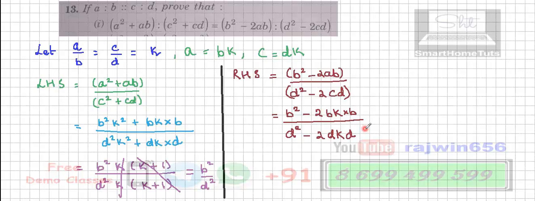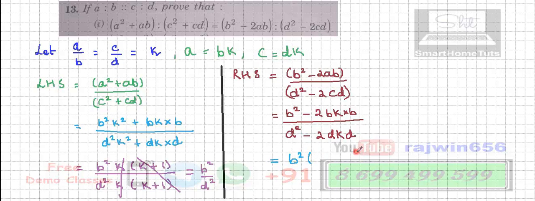Now see what is common. We'll do the same thing. Here B square is there, here also B square is there, so this is B square.